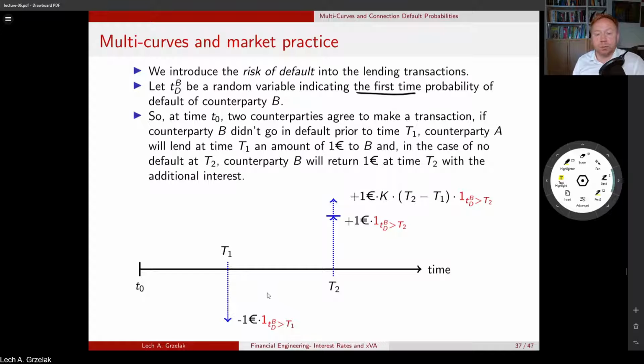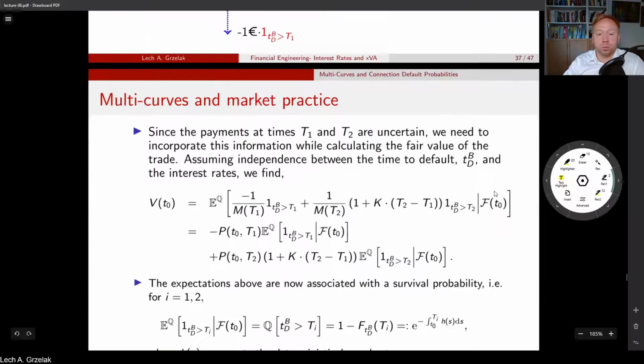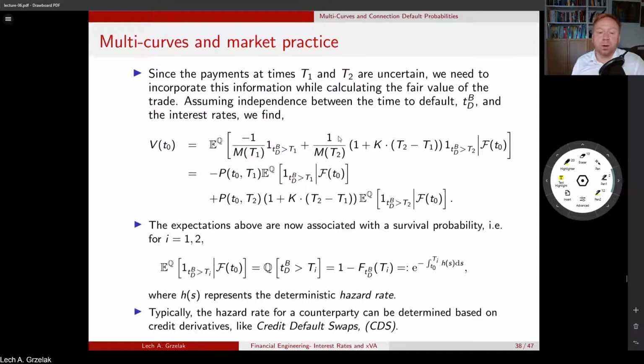Now the next step would be to price this derivative, including the probability of default. So we do what we always do: we discount all the future cash flows and take the expectation. The first cash flow is from time t1. We also have to assume some independence here, because you see these expectations involve the money savings account, whose interest rate is stochastic.